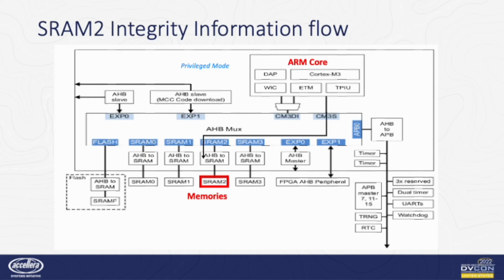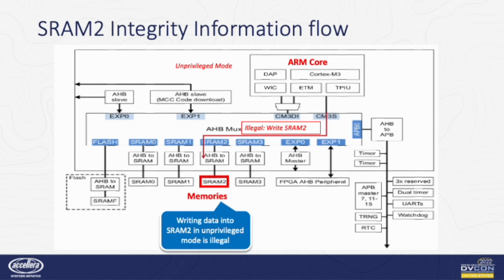In privileged mode, the ARM core can read and write into the secure regions of SRAM2. But in the unprivileged mode, the ARM core cannot write into the SRAM2. It can only read from the SRAM2. Thus, writing data into the SRAM2 in unprivileged mode is illegal.